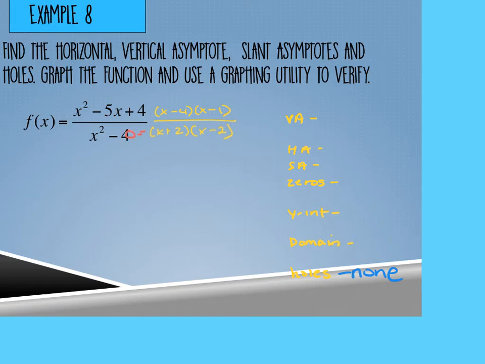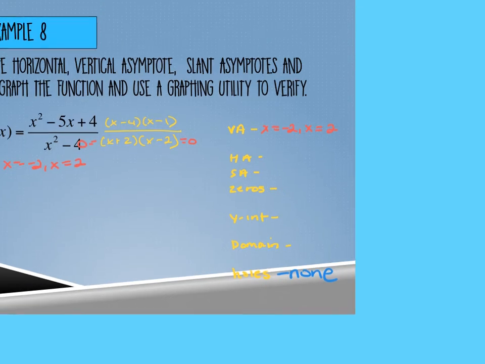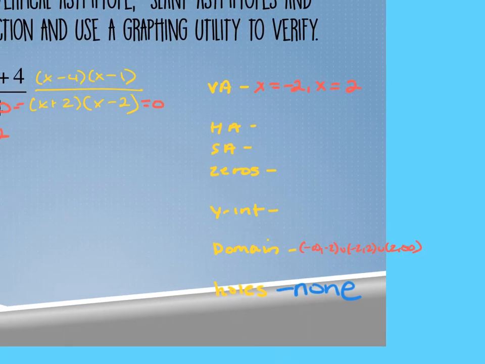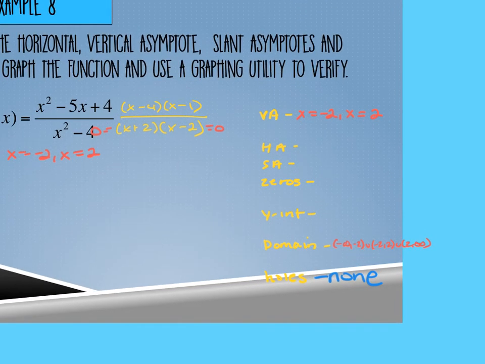So set my denominator equal to 0, and I get x equals negative 2 and x equals positive 2. That also tells you your domain, right? That's what x can't equal. So I would say negative infinity to negative 2, negative 2 to positive 2, 2 to positive infinity. So that one step tells you both those things, the vertical asymptote and the domain.